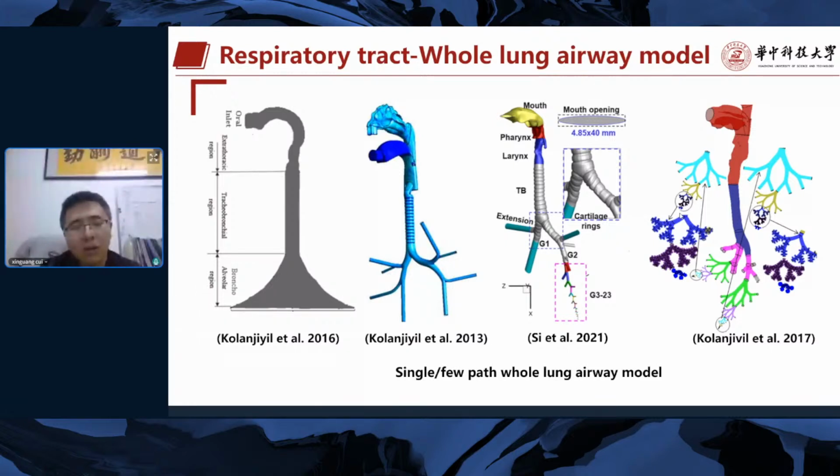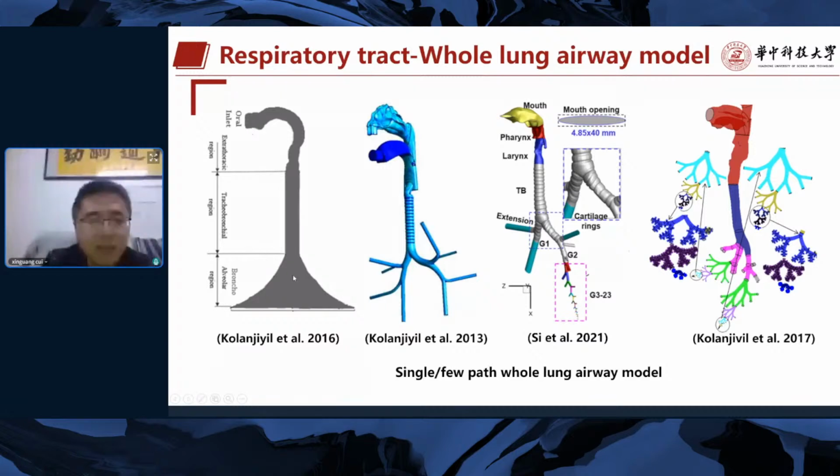The first one is called the one-dimensional airway model, and it goes from the mouth to the 23rd generation.